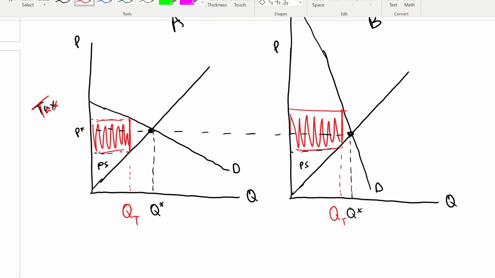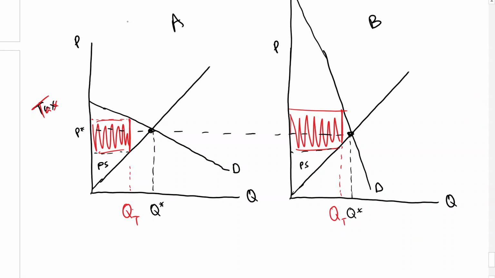Okay, consumer surplus can be green. That's that little triangle there, but it's still a very large triangle here. And I'll just gray out the deadweight loss.